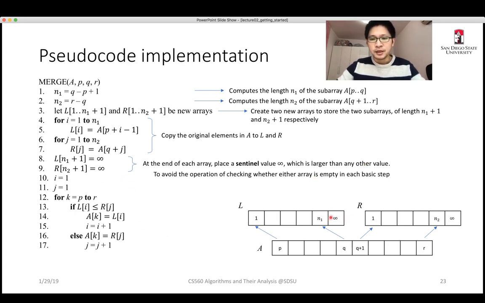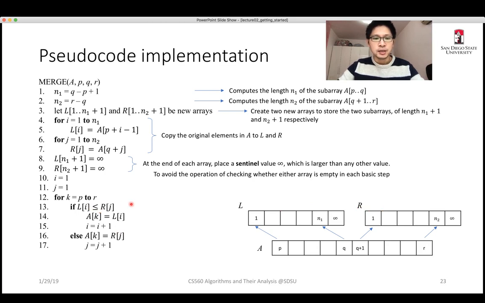The infinity is always larger than any values possible in the input array A. So by having this infinity at the end of L and R, we can avoid the operation of checking whether each array L or R is empty in each basic step, right?